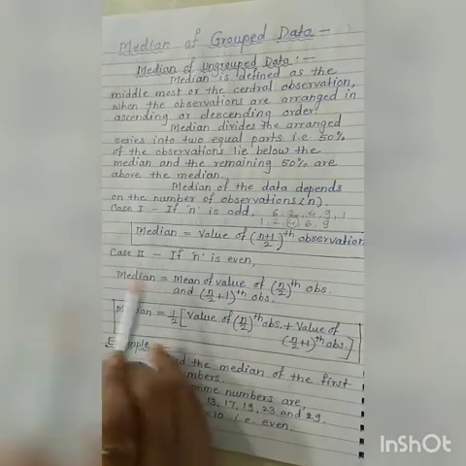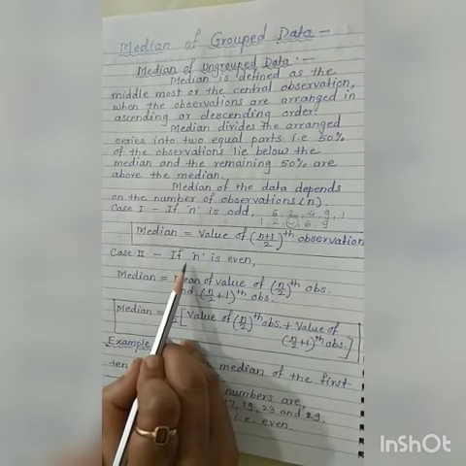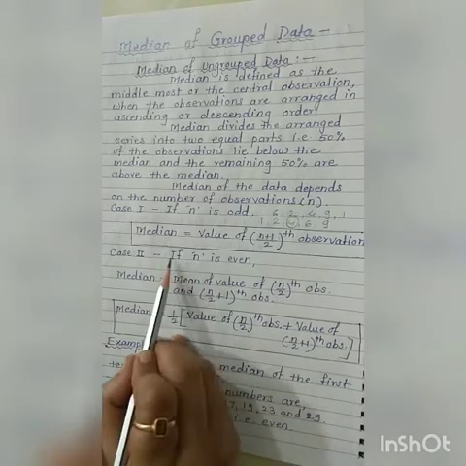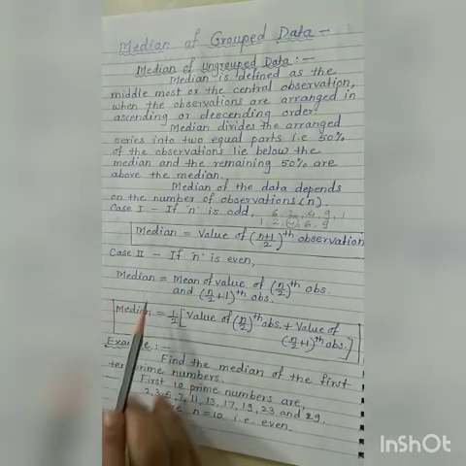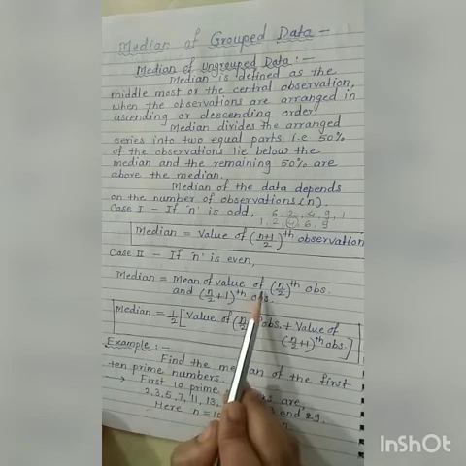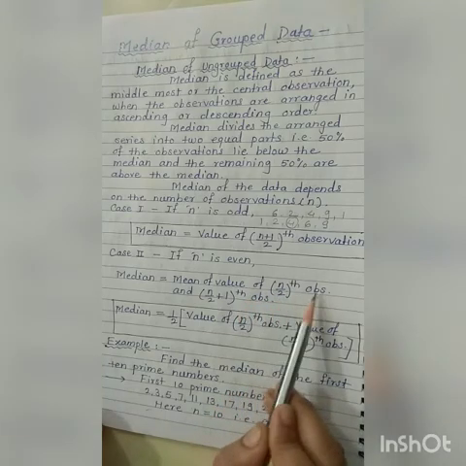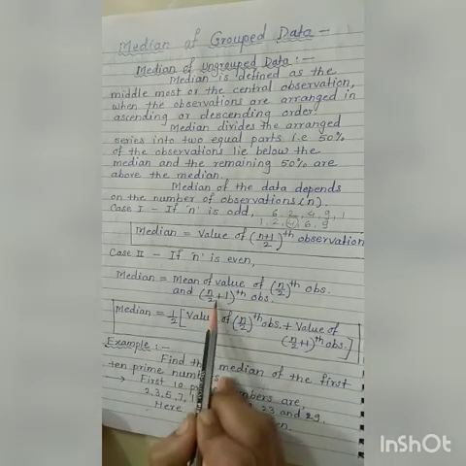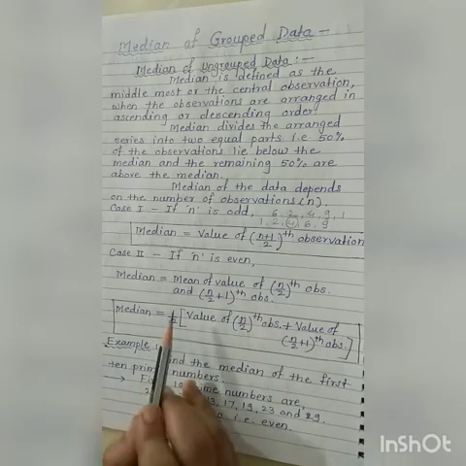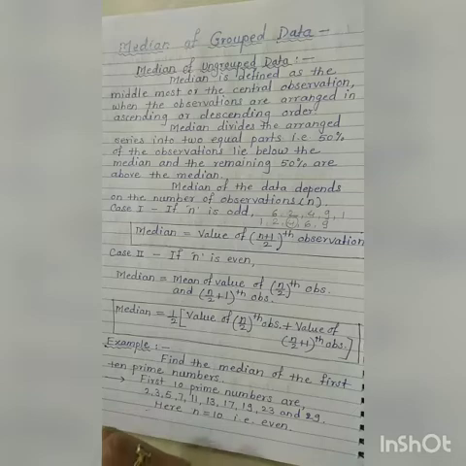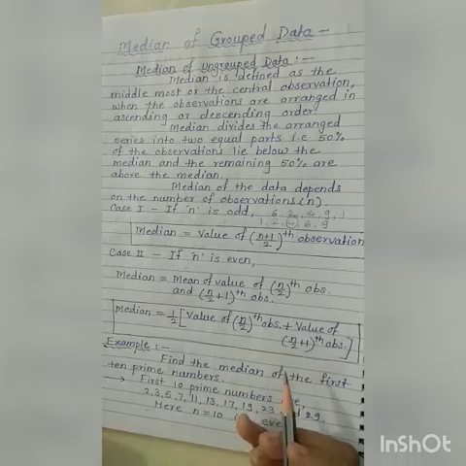Now case 2, if the given number of observations is even, that means if n is even, we have the formula: median is equal to mean value of n by 2th observation and n by 2 plus 1th observation. That means median is equal to, as we are finding the mean, we have to do the addition of the observations divided by the total number of observations.